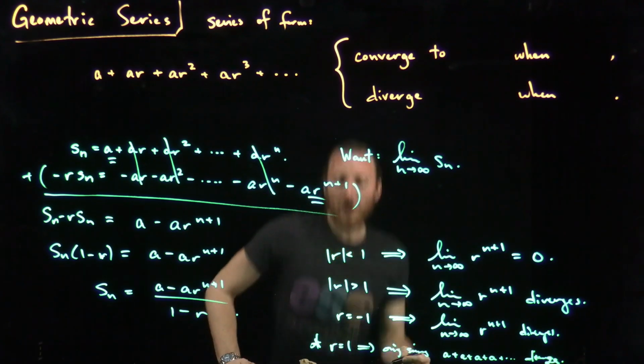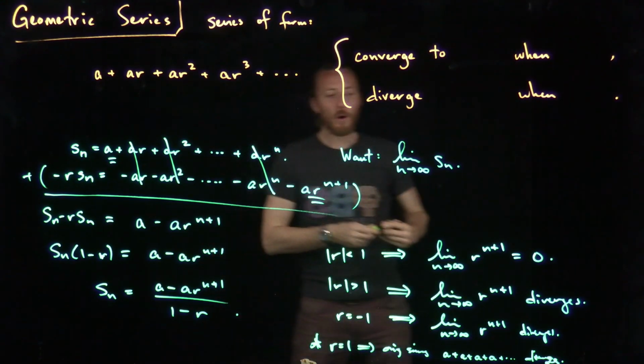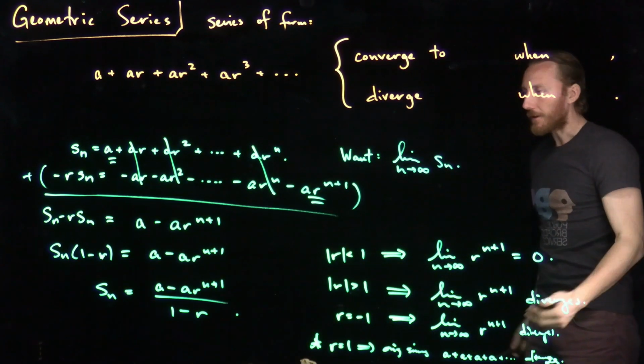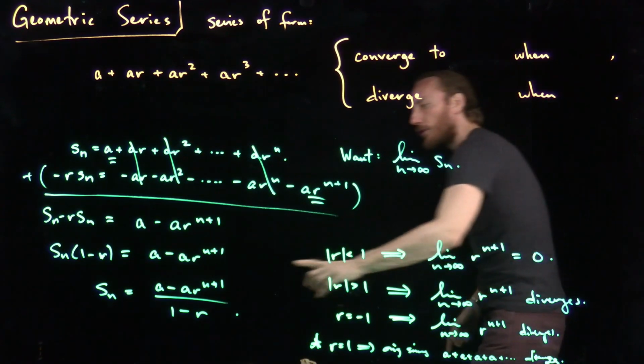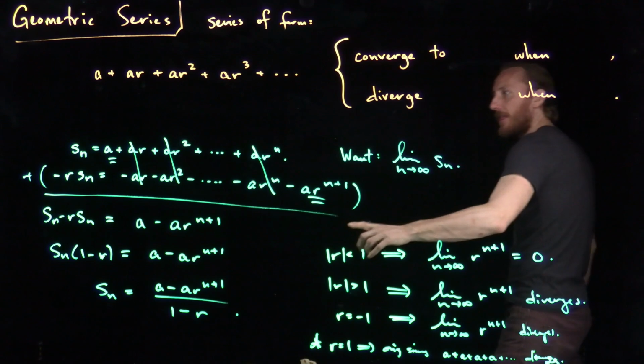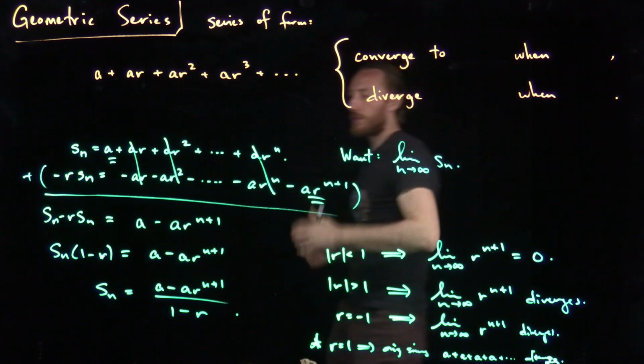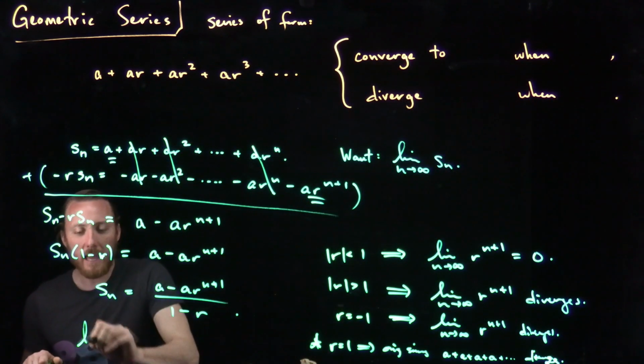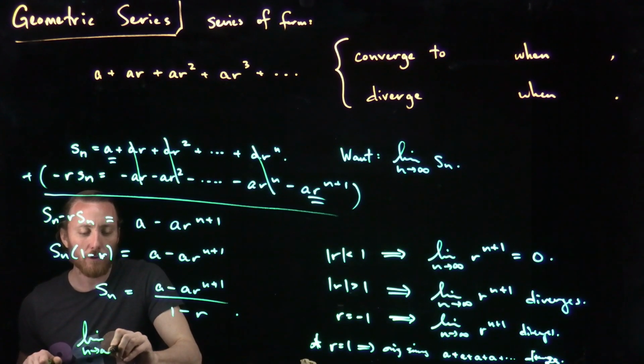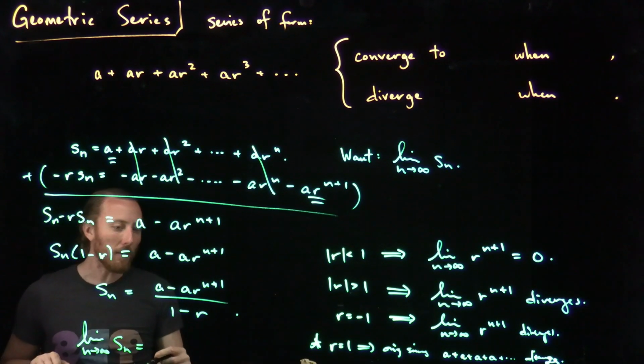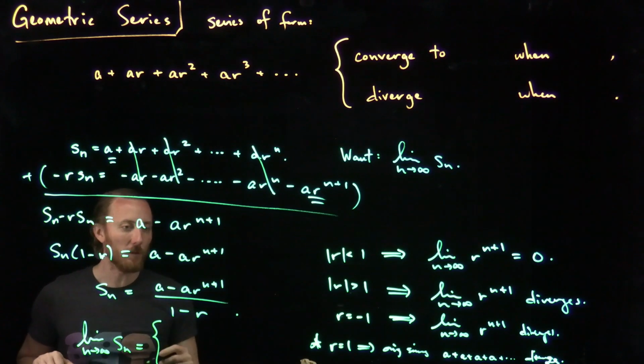Okay, but with that being said, you put all of these facts together, and when you're looking at this expression for the nth partial sum of our geometric series, if we were to take a limit as n goes to infinity of our nth partial sum, there would be two cases that result.